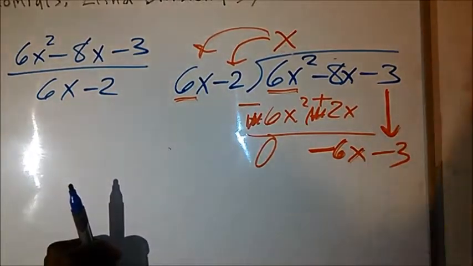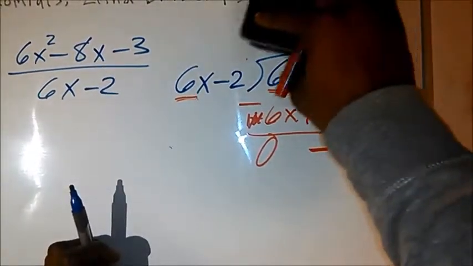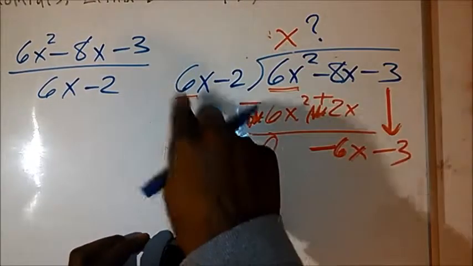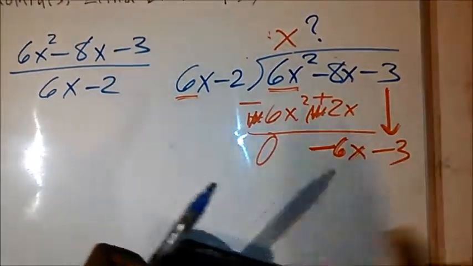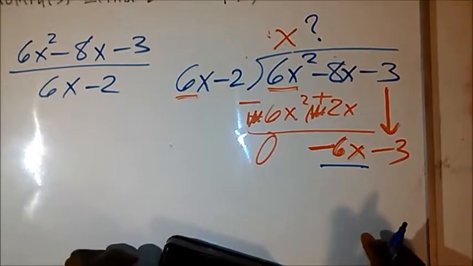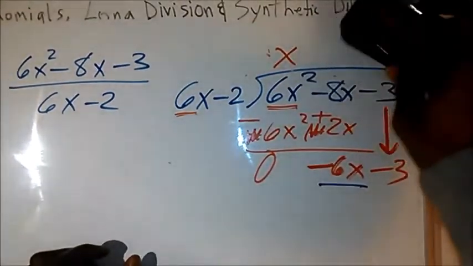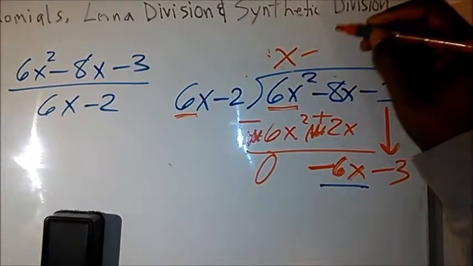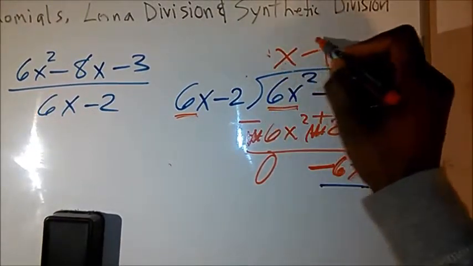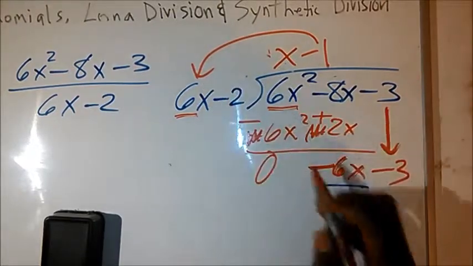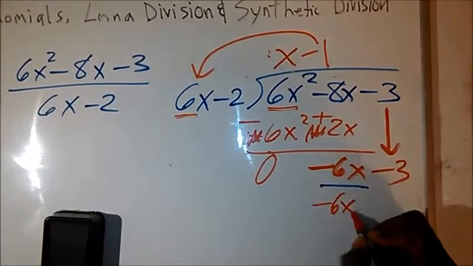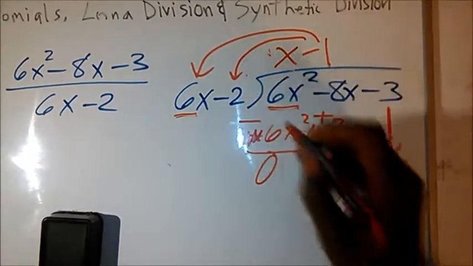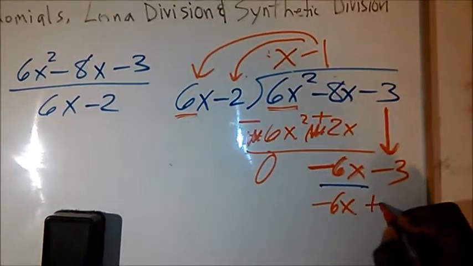And we ask ourselves the question again. What times 6x equals negative 6x? Our answer is going to be simply negative 1. Negative 1 times 6x equals negative 6x, doesn't it? Do it again. Negative 1 times negative 2 is going to equal positive 2.